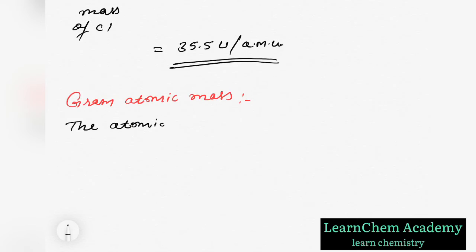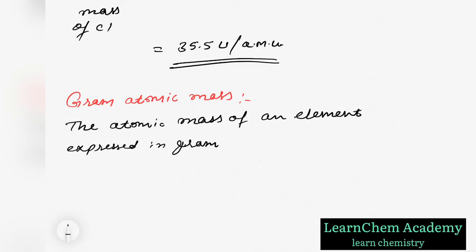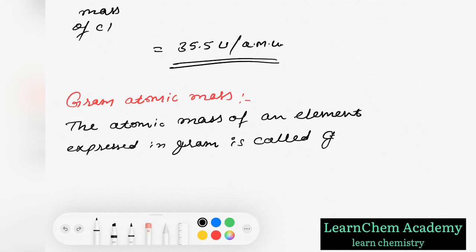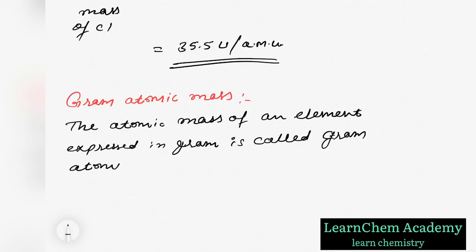The atomic mass of an element expressed in gram is called gram atomic mass.